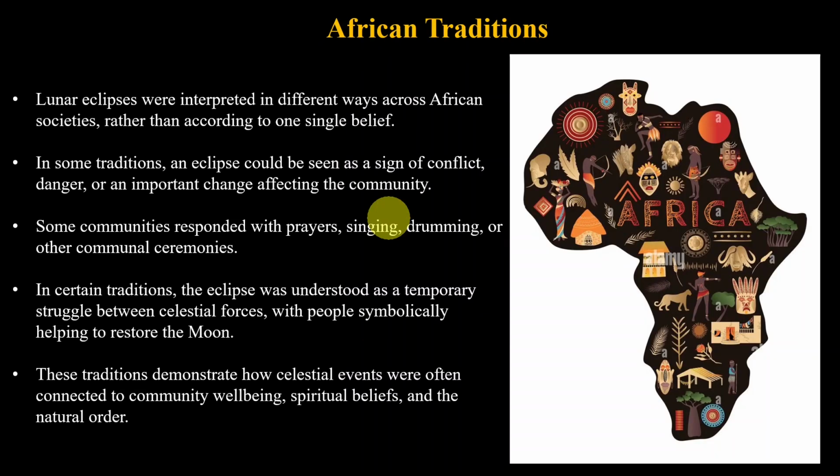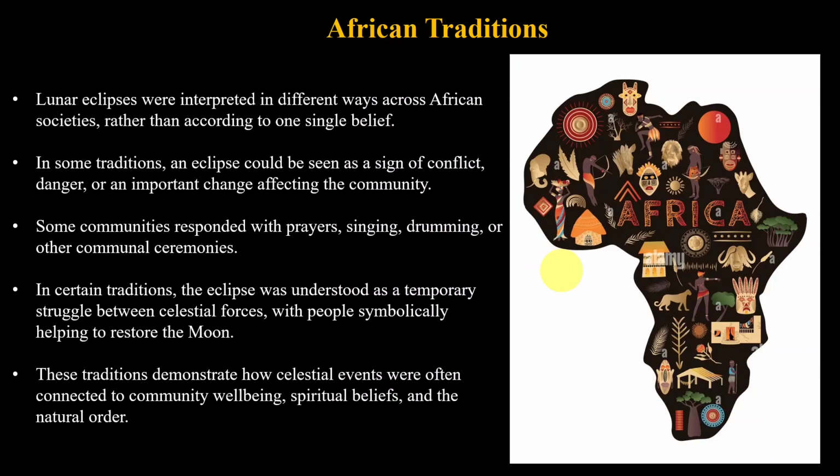How about African tradition? Lunar eclipses were interpreted in different ways across African societies. It's not just one common agreement because Africa is diverse. In some traditions, an eclipse could be seen as a sign of conflict, danger, or an important change affecting the community.